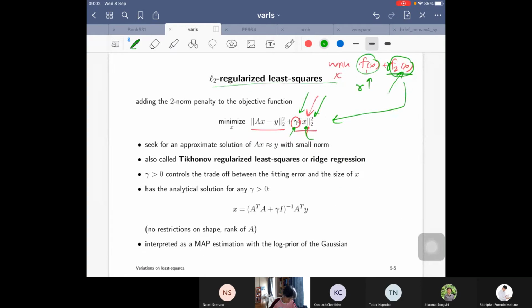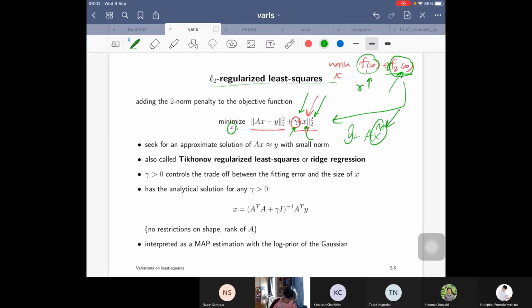Because remember that after we solve the problem, we get x hat. The prediction, the estimate of your linear model, would be A times x hat, where x hat is the solution returned from this optimization.